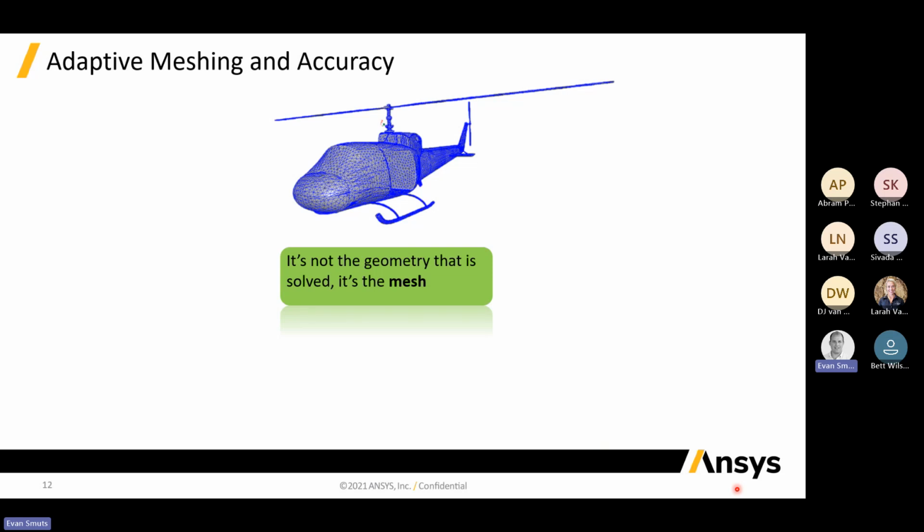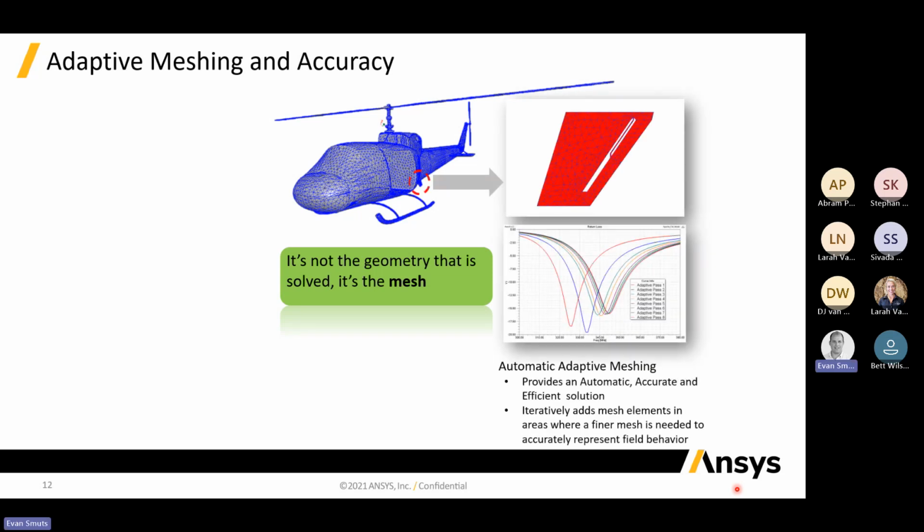So it's all about how well that mesh represents our geometry or our product and physics that we're trying to capture. And to this end, we use what's called an adaptive meshing approach or automatic adaptive meshing. What this does is the mesh will actually refine itself in areas of high field gradients.